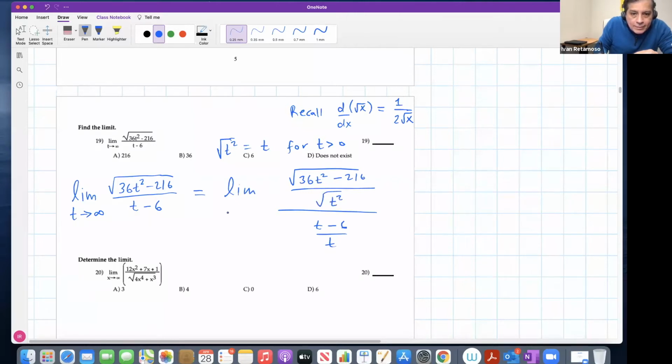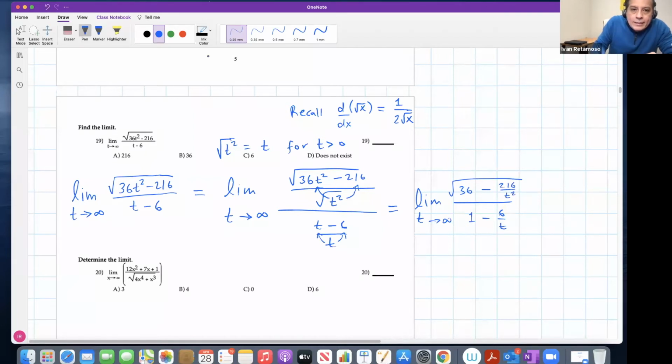This will become the limit as t goes to infinity of t times the square root of 1 minus t times 6 over t, and the square root of t squared times the square root of 36t squared is just 36, minus 216 over t squared.